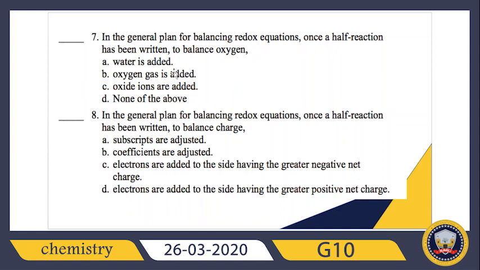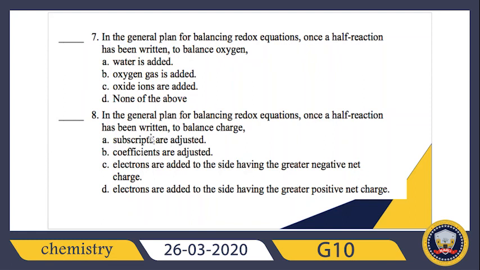So what should we add? We learned this before when we solved. The answer is A. Water is added. Okay, water is added. And when we add water on the right side, for example, on the left side there is no hydrogen, so we add H plus ions on the left side, the other side. We took this in the examples before when we solved the sample problems.